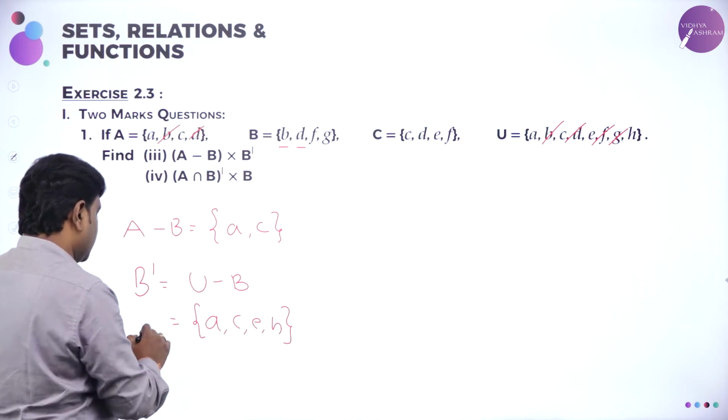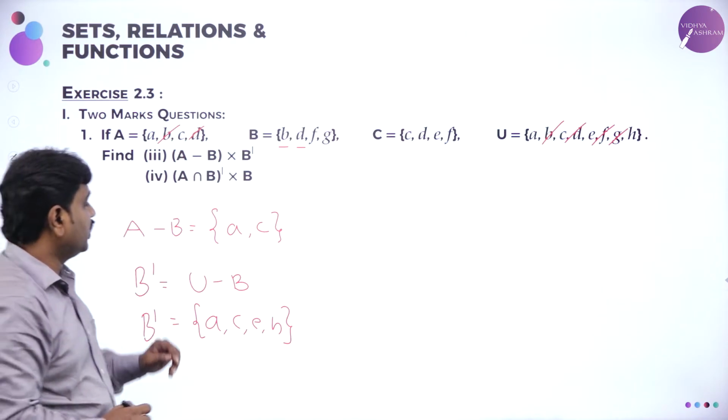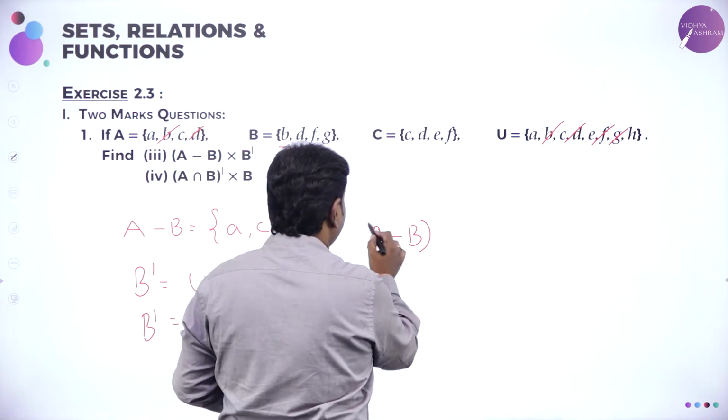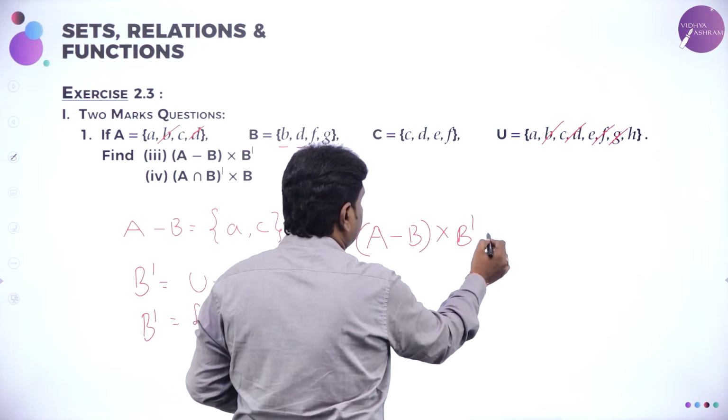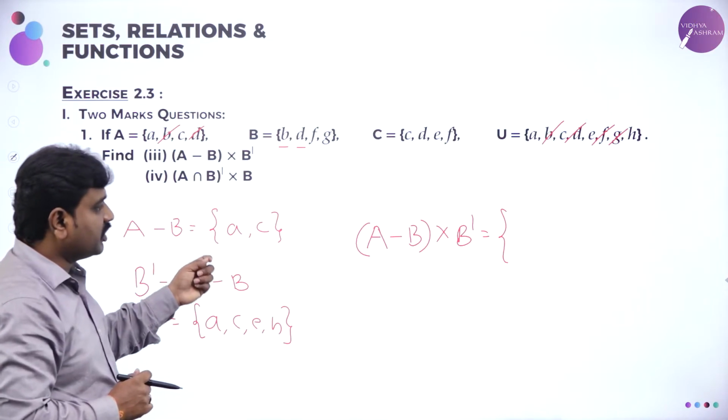So now you got A minus B, and you got B dash. Now you should find A minus B cross B dash. You know, this is Cartesian product. How to do Cartesian product? The first element you pick from the first set, the second element you pick from the second set.